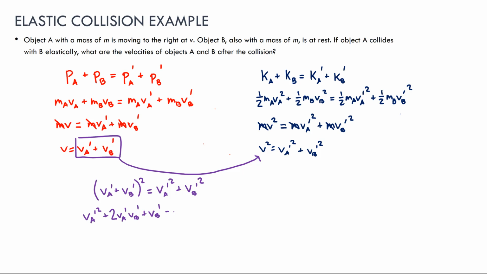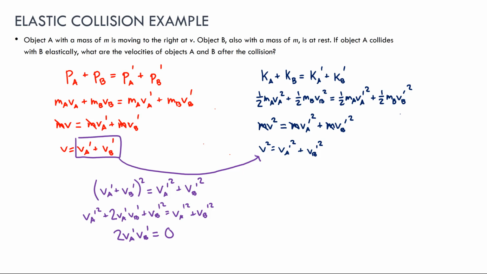And that equals VA prime squared plus VB prime squared. What I get then from this is that if I subtract VA prime squared from both sides, and subtract VB prime squared from both sides, I get 2 times VA prime times VB prime equals 0.